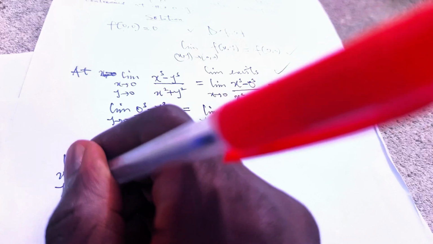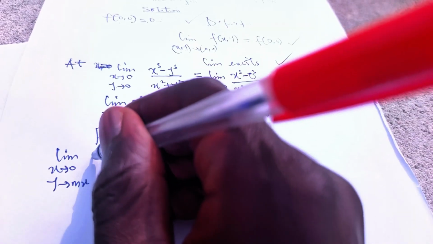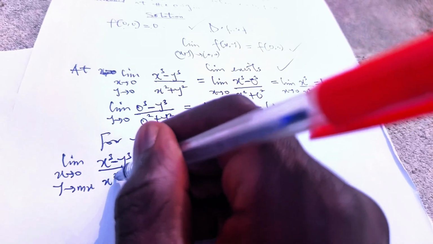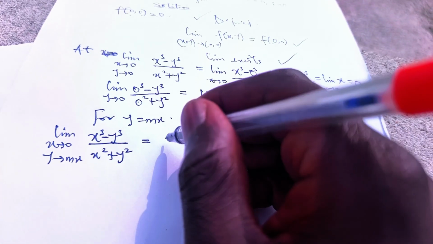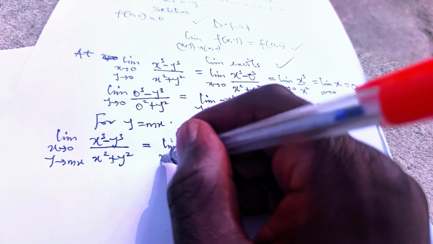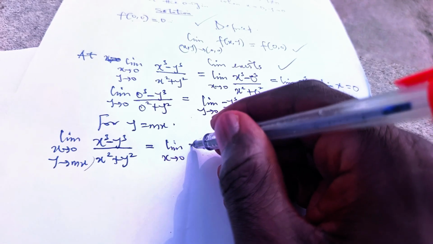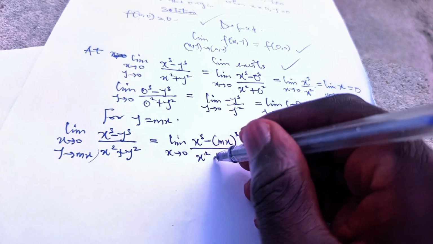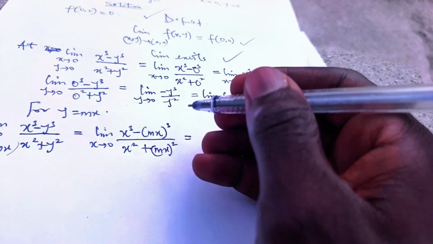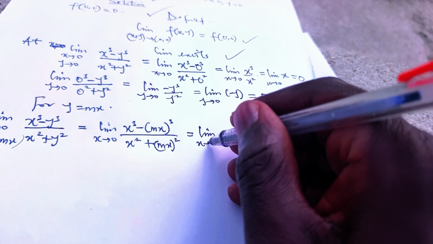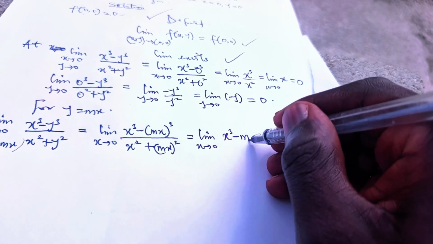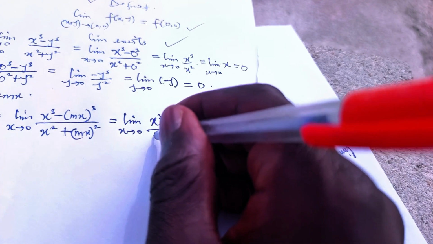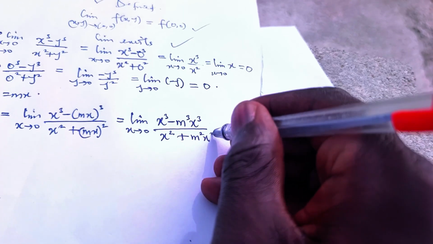Let's check. Limit as x tends to 0, y tends to mx, of the whole function (x cubed minus y cubed) over (x squared plus y squared) is equal to the limit as x tends to 0, y is mx, of (x cubed minus (mx) cubed) all over (x squared plus (mx) squared), which is equal to the limit as x tends to 0 of (x cubed minus m cubed x cubed) all over (x squared plus m squared x squared).